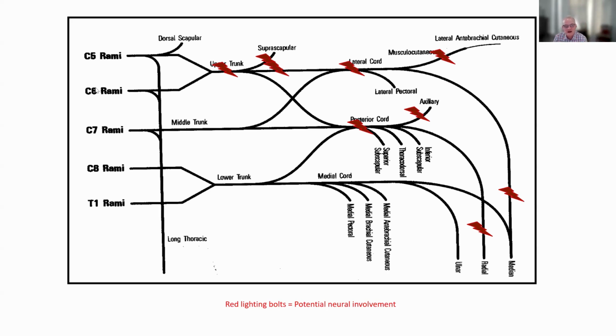So for me, this is how I look at the plexus for the upper C5, C6 problems. If there's scapular winging and everything's distal to it, it's a root problem. If the suprascapular nerve, infraspinatus and supraspinatus are involved, but there's no scapular winging, and then everything C5, C6 distal to that is involved, I know the problem's at the trunk.